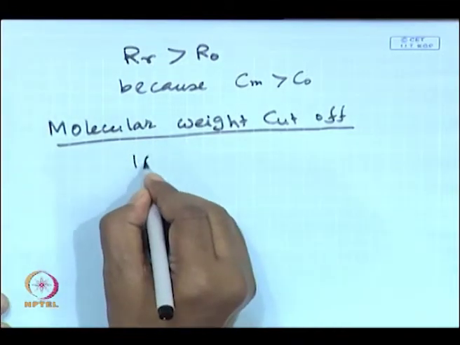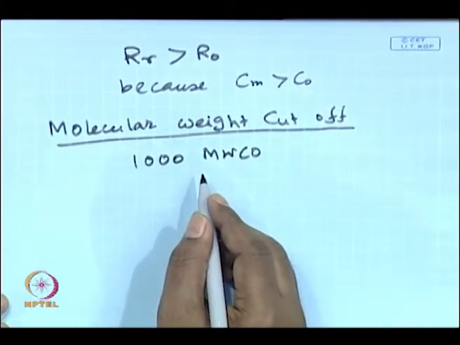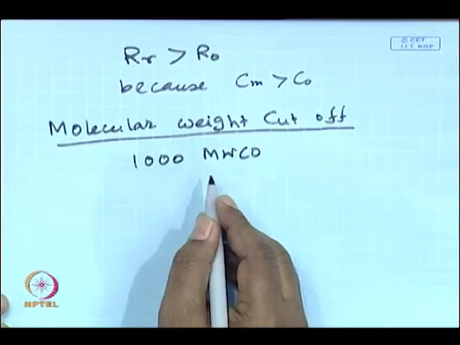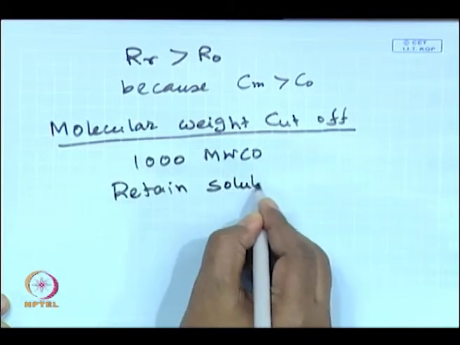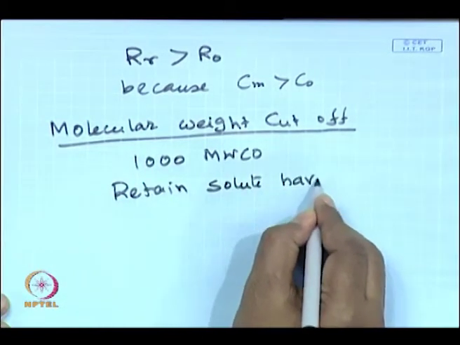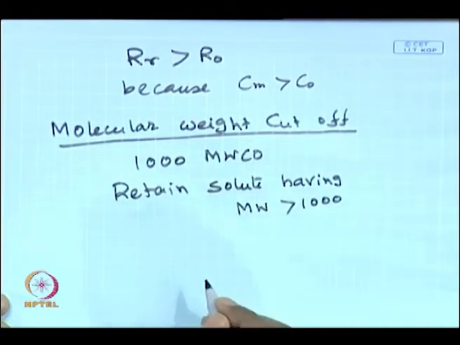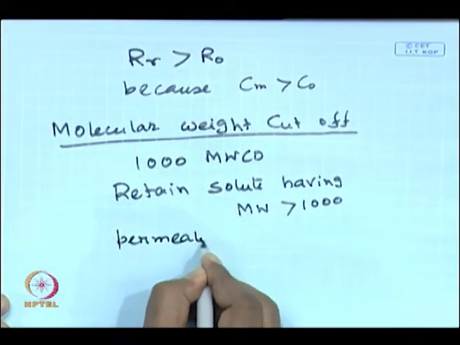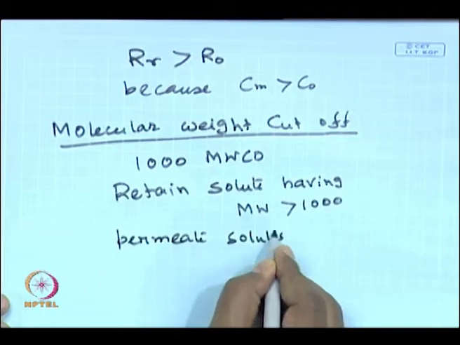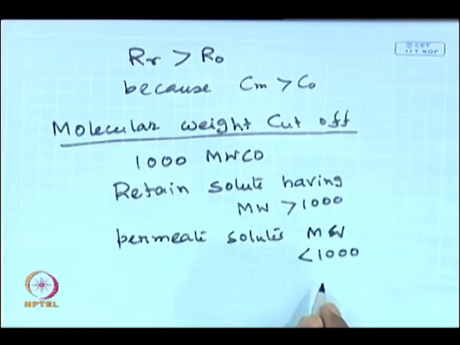A membrane having 1000 molecular weight cutoff means it will retain solutes having molecular weight above 1000, and it will permeate solutes with molecular weight less than 1000. So, that means it is a 1000 molecular weight cutoff.